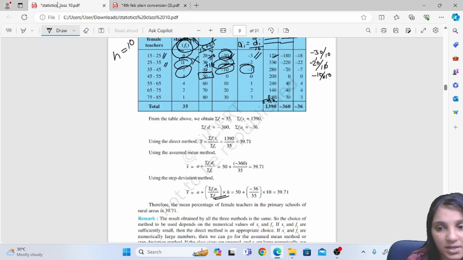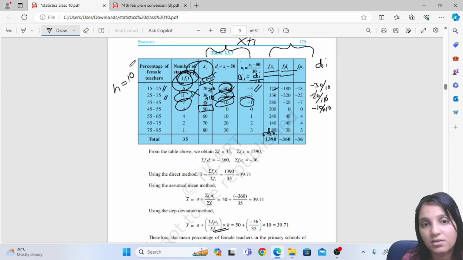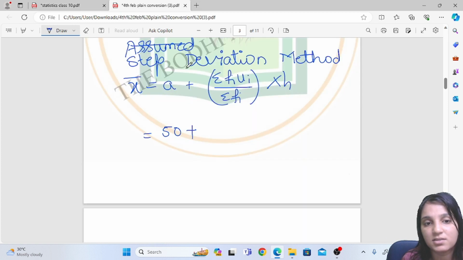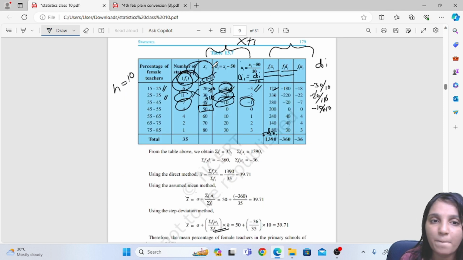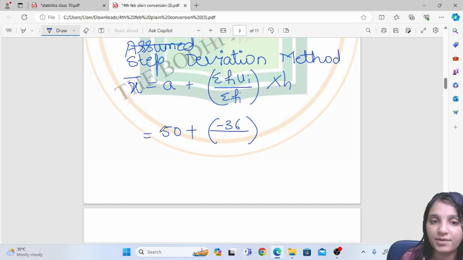Summation fi ui is minus 36. Summation fi is 35 and height is 10. Okay, you can cancel.